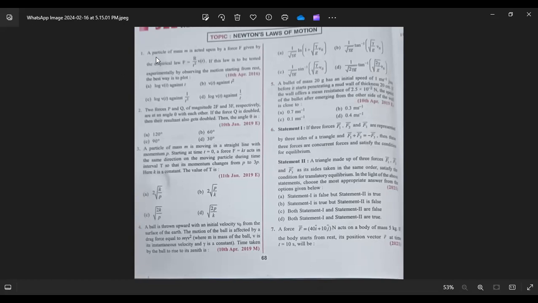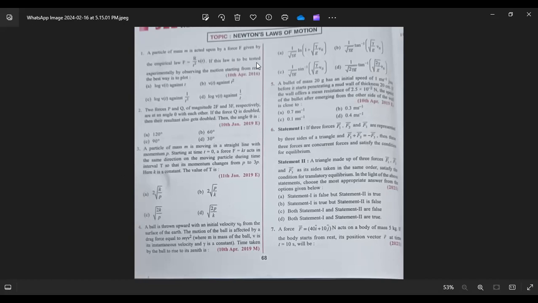Here is the first question: a particle of mass m is acted upon by a force F given by an empirical law, F is equal to R upon t square into v.